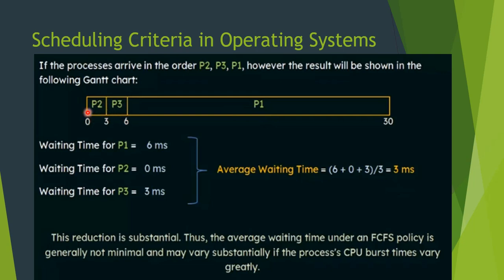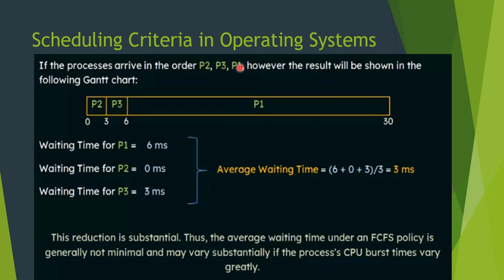If process 2 is first, remember it had a burst time of 3 milliseconds, as in the previous example, meaning it was going to use the CPU for 3 milliseconds. So if it arrived at time 0, it came in first. Then immediately process 3 followed, which also had a burst time of 3 milliseconds. So it began from 3, exactly when this one stopped, used its 3 milliseconds, and stopped at 6.